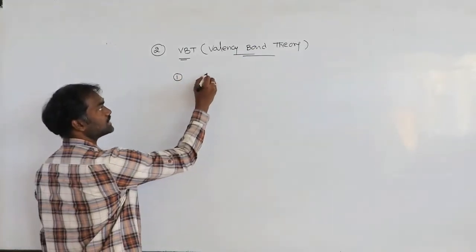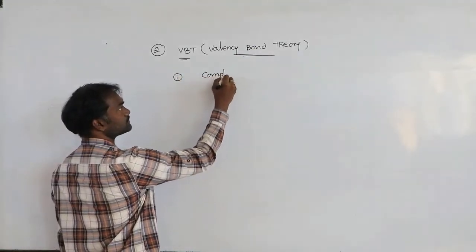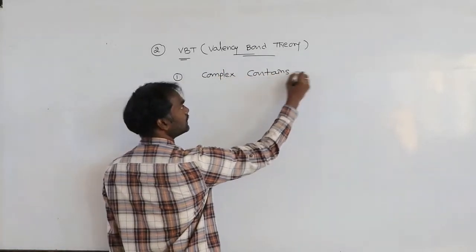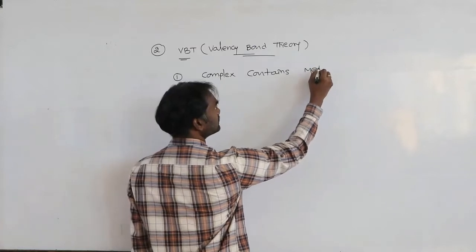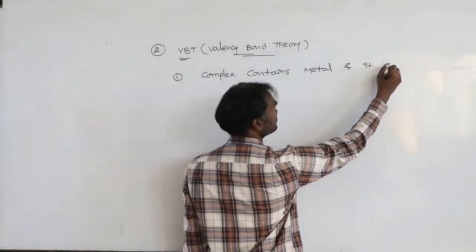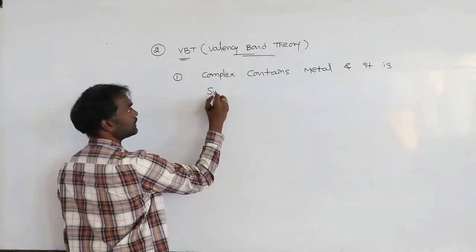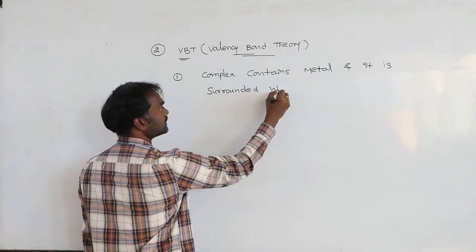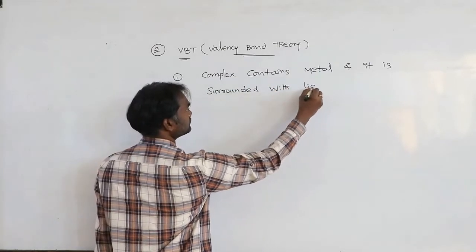A complex contains a central metal, and it is surrounded with ligands.